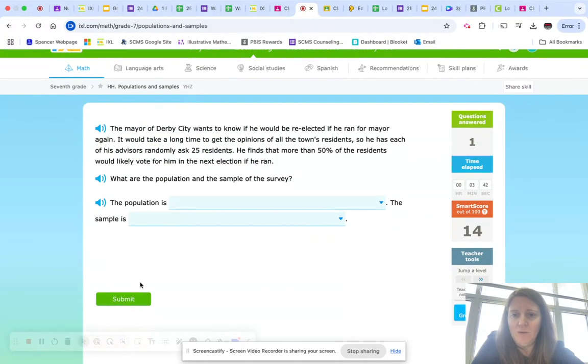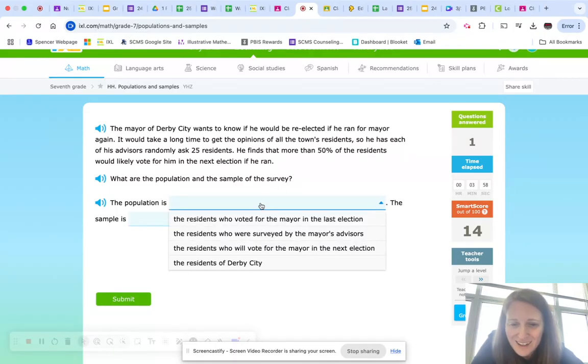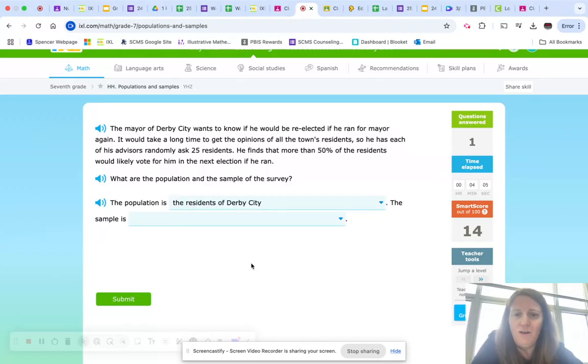The mayor of Derby City wants to know if he would be reelected if he ran for mayor again. It would take a long time to get the opinions of all the town's residents, so he has each of his advisors randomly ask 25 residents. So again, all the town's residents, that would be the population. So the residents of Derby City would be all of them, because he wants to get the opinions of all the town's residents.